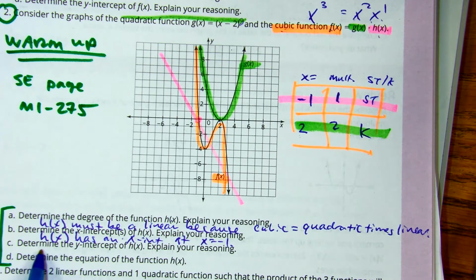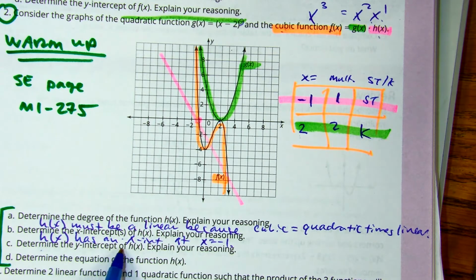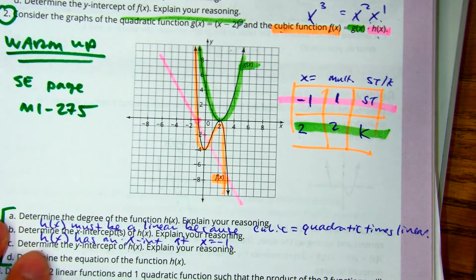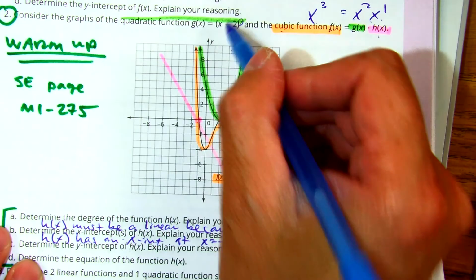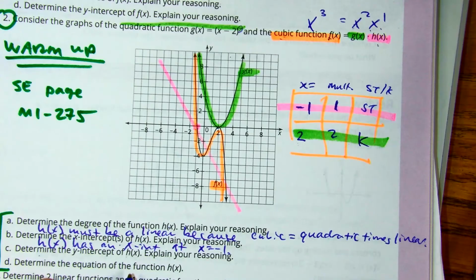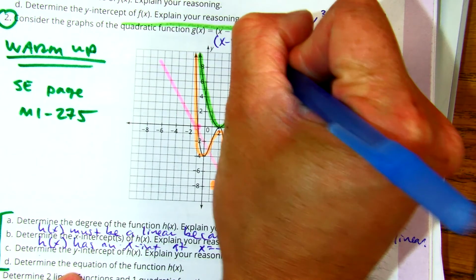Alright, C. Determine the y-intercept of h of x. Explain your reasoning. Okay. So, if you think about the quadratic, you have x minus 2 times x minus 2, right?